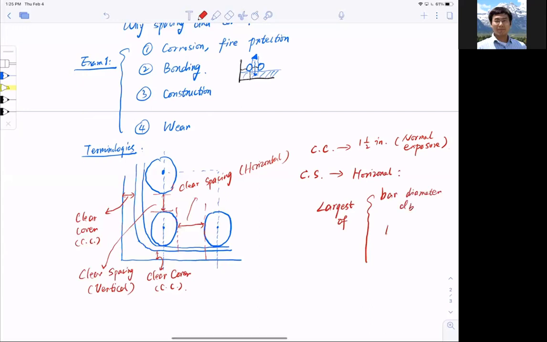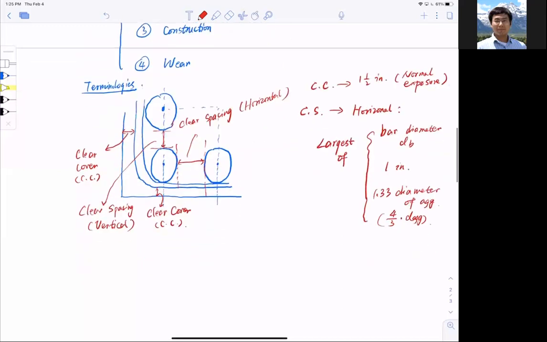Then 1 inch. And the other is 1.33 times the diameter of aggregates. If you wonder where this 1.33 is coming from, it is actually 4/3, 4/3 d_agg, diameter of aggregates.